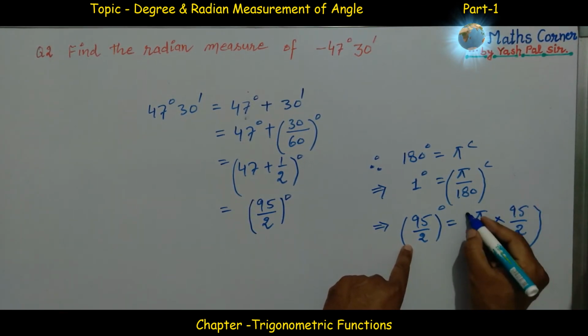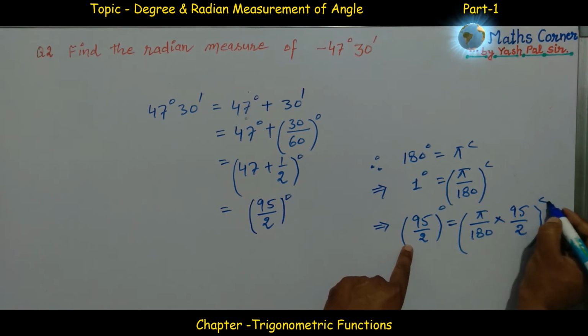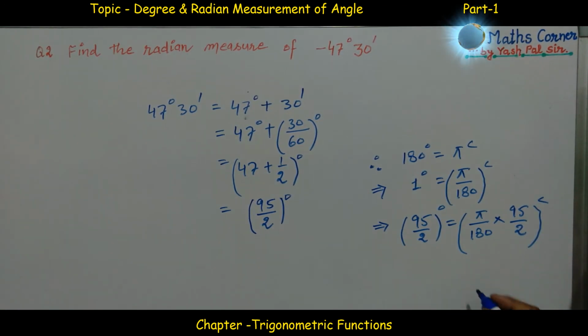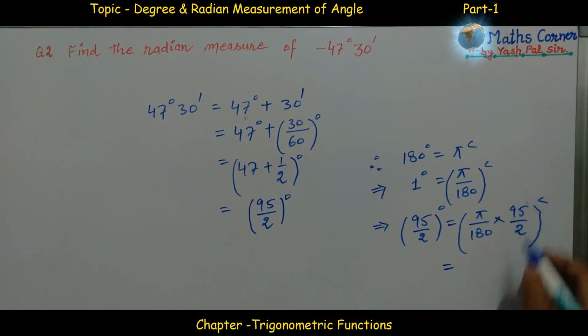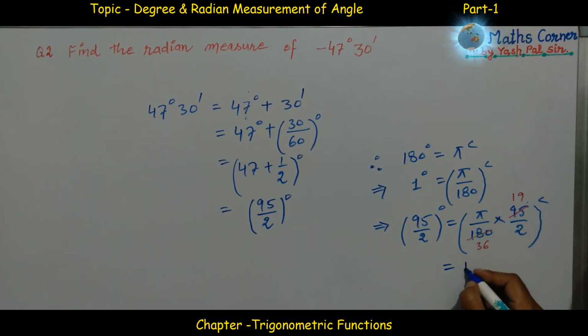This becomes radian. Now solving this, again dividing by 5, so we have 19 upon 36, that is 19 pi divided by 36 into 2, 72 radian.